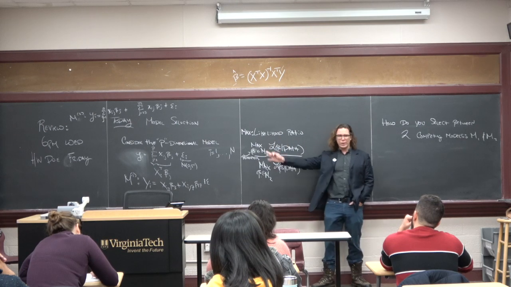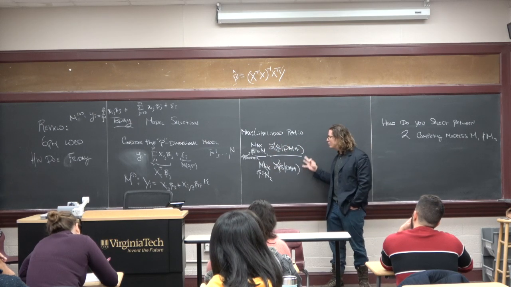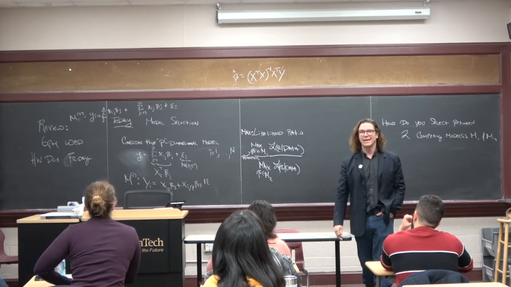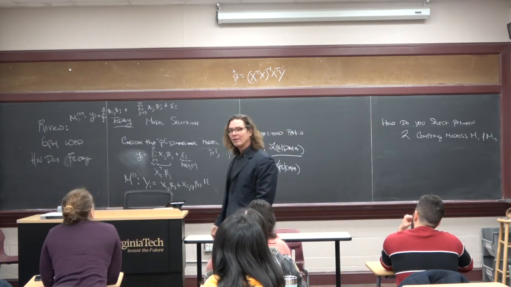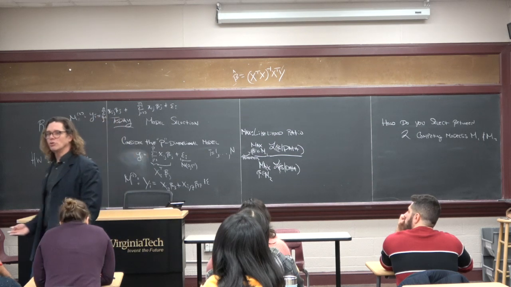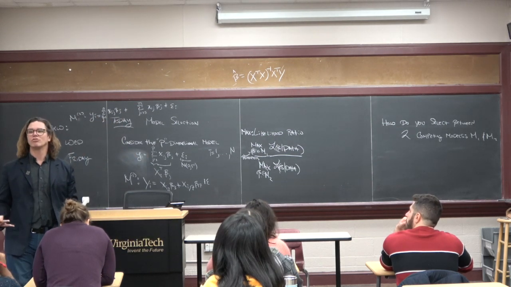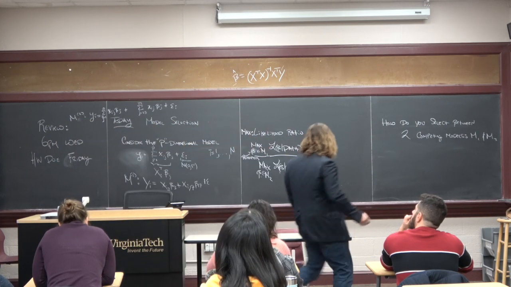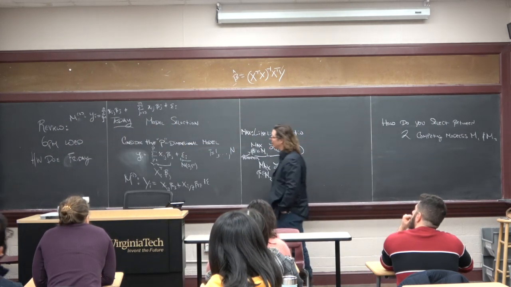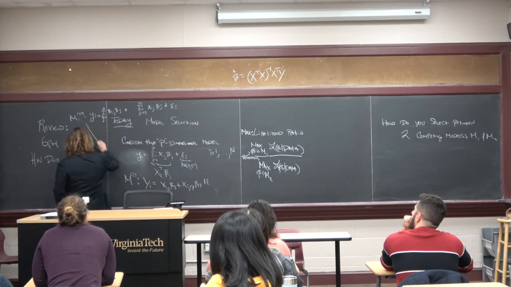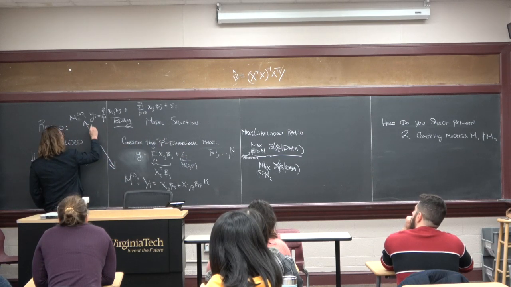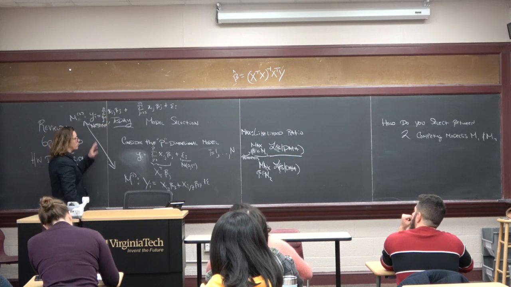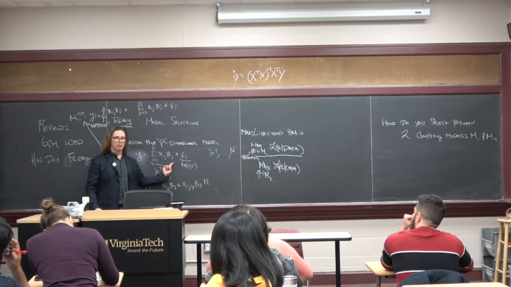Does anybody know any statistics concerning this ratio? Is it an F distribution? What's that? Is it the partial F test? Yeah, so it follows some distribution. And in this case, you'll notice that these two models right here are nested, i.e. both of them are nested in this full model right here.